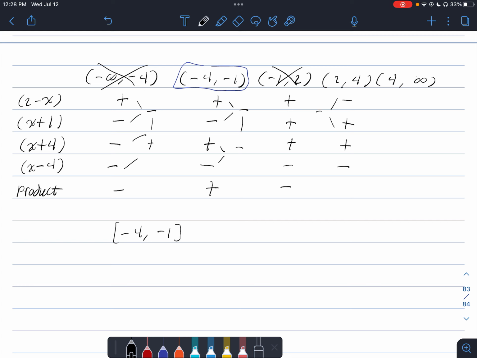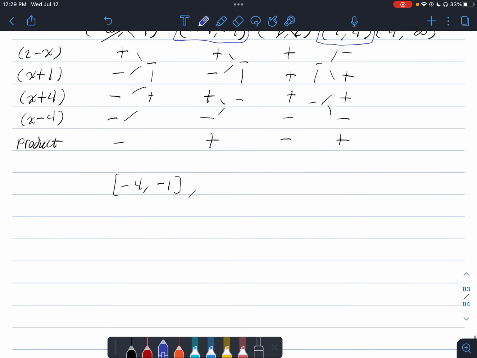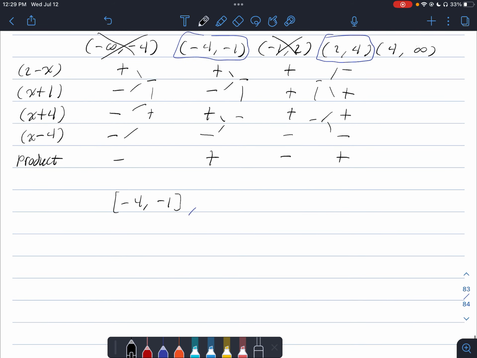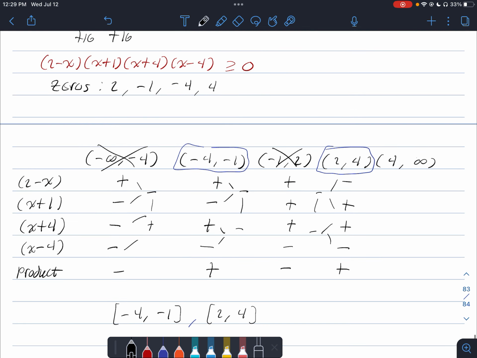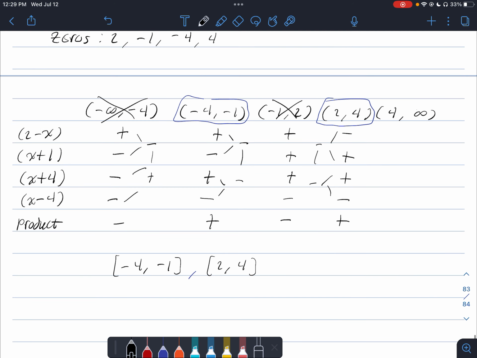That's negative. We have a negative times a positive again. That's negative. So then we have a negative times a negative. We get a positive. So we're going to include the interval from 2 to 4. All right. So we're going to also have the closed interval from 2 to 4. And again, because we want this to be greater than or equal to 0, we're going to include the zeros themselves. So we have the interval from 2 to 4.